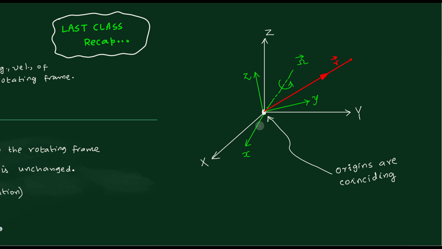Then I have drawn another coordinate system in green color, labeled by the small letters x, y, and z. And you can see the relation between the capital X, Y, Z and the small x, y, z is quite visible from the diagram.